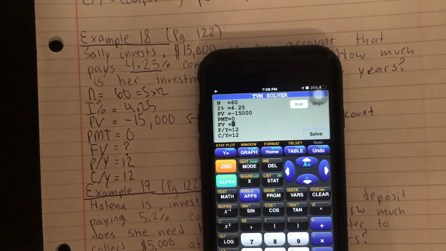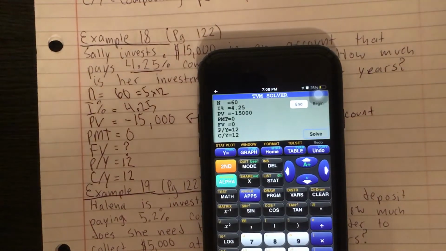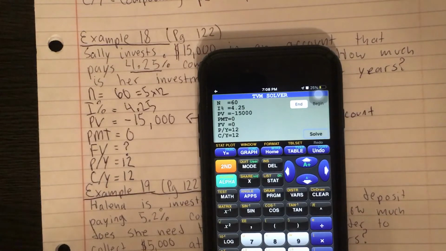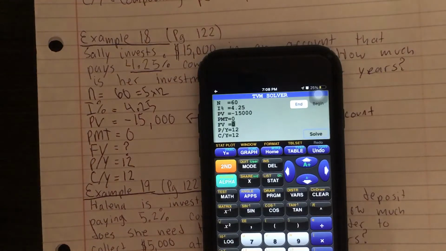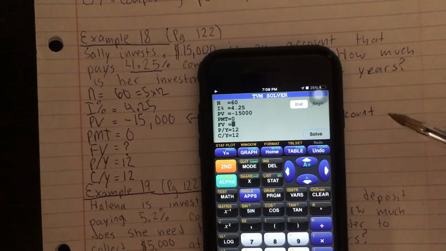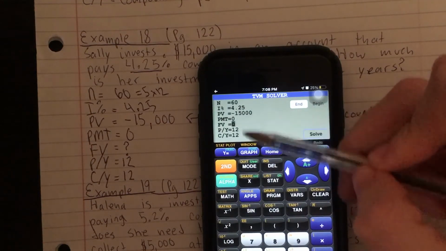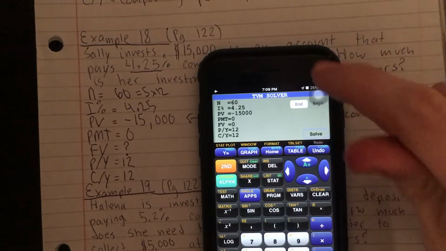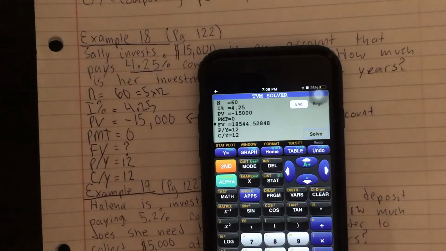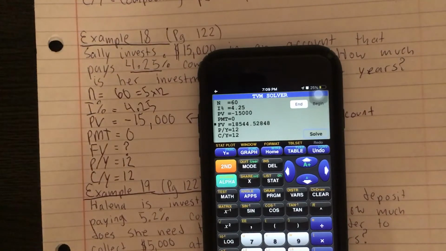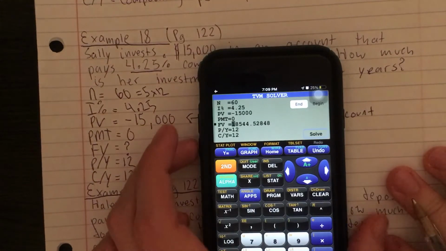So if you've got everything else in, it may work a little differently if you have an actual calculator. Talk to me in Zoom and we can figure it out if you're using a physical TI. But whatever you're trying to find, you just bring that cursor to it, and if all of your other information is correct, you can hit solve and it will tell you what that amount should be if all of the other variables are worked out.